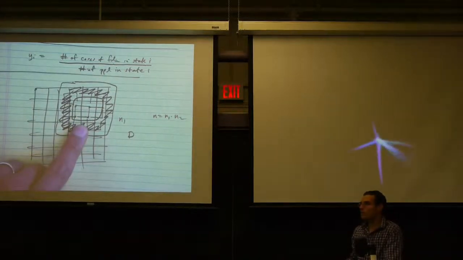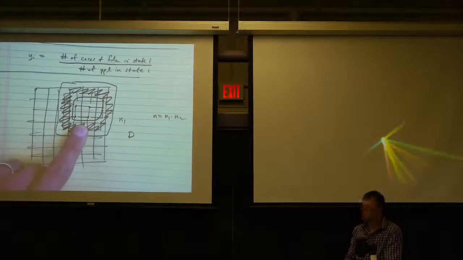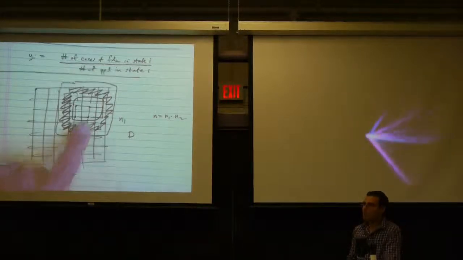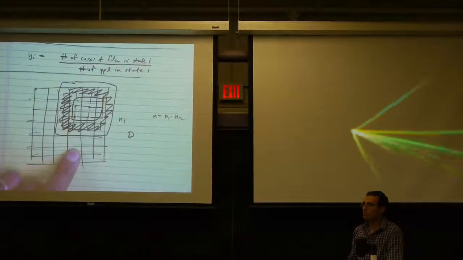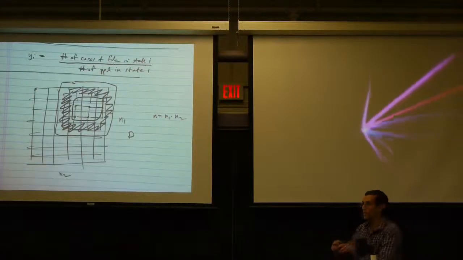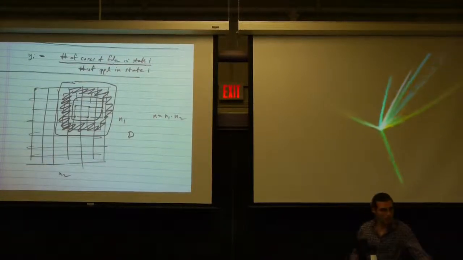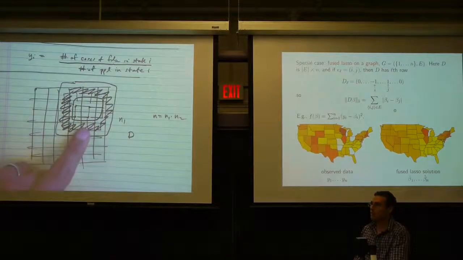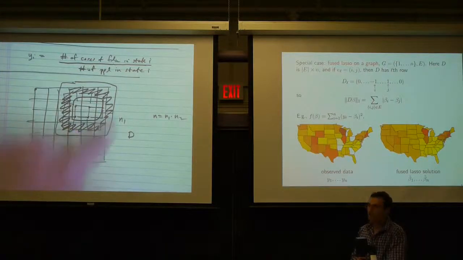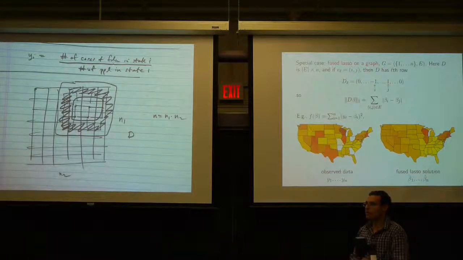But there's no difference in the penalty between this and something else that has the same difference between adjacent nodes. So it's not specifically enforcing this behavior. This just comes out of the fact that this is a piecewise constant structure in the graph. So what I'm saying is that the value of this in an area of the same size or the same neighborhood is indifferent to the penalty, right? The penalty treats those the same. So it's not specifically enforcing clique behavior.